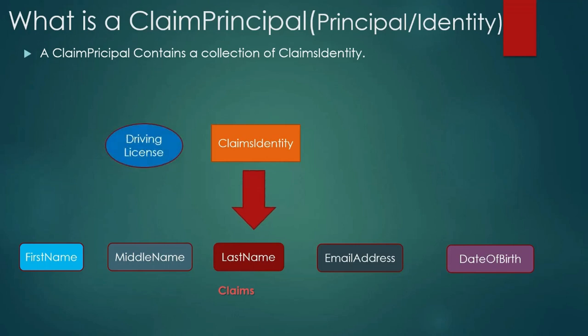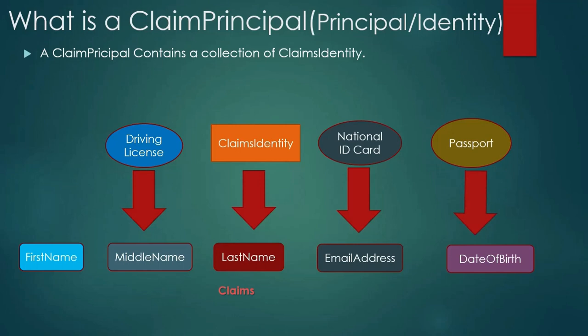And we have also seen some examples of claims identity, like the driving license, which has some of the claims. We have also seen the national ID card, which has some of the claims, and the passport, which has some of the claims. All these we have said are claims identities.